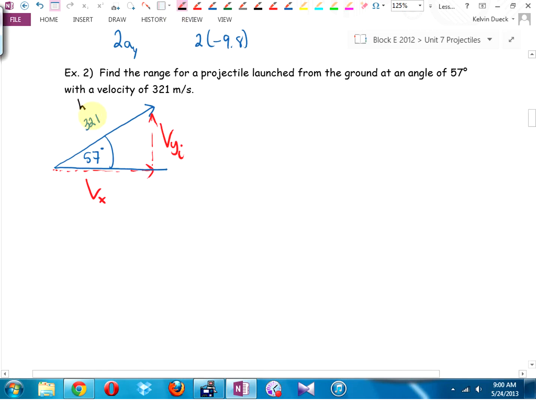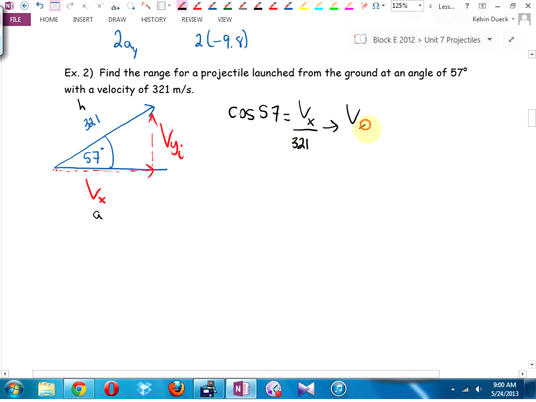This is going to be hypotenuse. Let's do Vx first. Sean, Vx, opposite, adjacent, or hypotenuse? Opposite or adjacent? Vx? Or which trig function? Don't say sine, that'd be a sin. Cos. There you go. Cosine of 57 equals that.